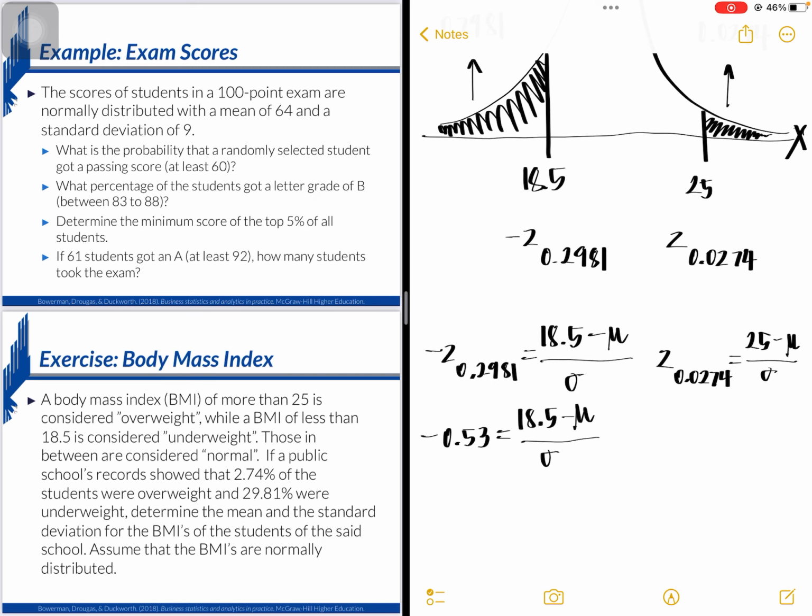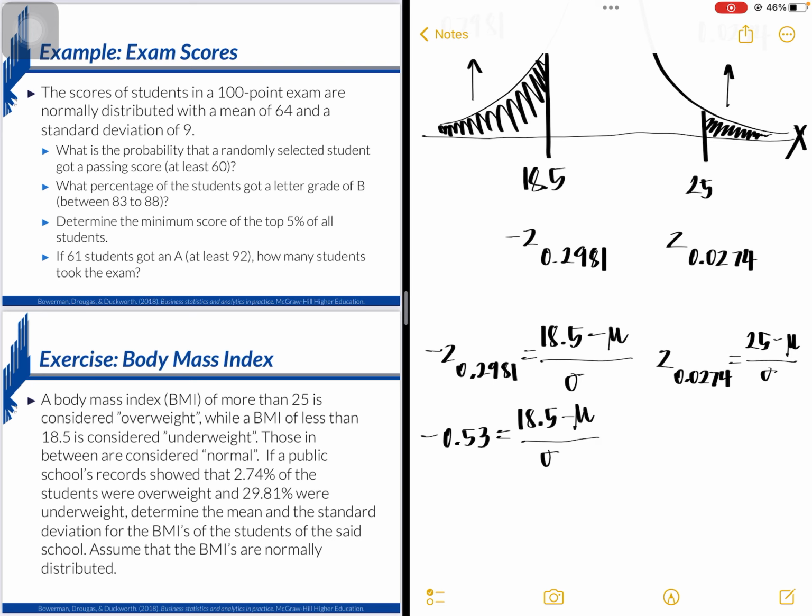Similarly, we can also look for the corresponding z-score of 0.0274. So you can either look for the complement of 0.0274 in the standard normal table, or directly look for 0.0274 in the table, but just make sure to convert the z-score to a positive z-score later. So if I search for 0.0274 in the table, I'll find that exact probability, and that is at the intersection of negative 1.92.